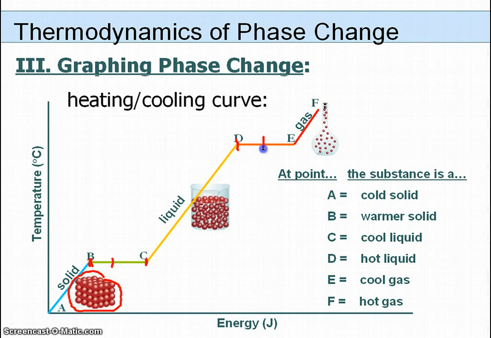Between D and E, the temperature overall is the same because the average kinetic energy of the sample has not changed, because half of the sample is still a liquid and the other half is a gas. By the time we reach point E, all of the intermolecular forces have been broken down, so every particle in the sample is free to move as a gas, and now the substance can continue to increase in temperature.